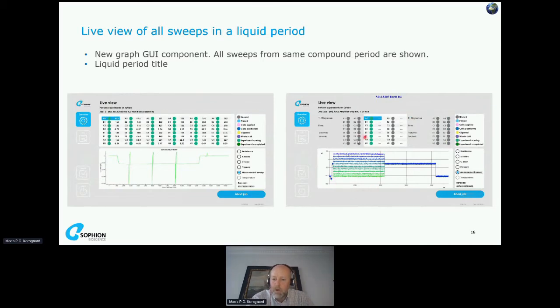It's possible to see all the traces in a single liquid period superposed on each other as live as they are recorded. You could argue that it's only entertainment, but it is quite nice entertainment to look at the experiment and to see that everything is going as expected, or if something exciting is popping up in your experiments.